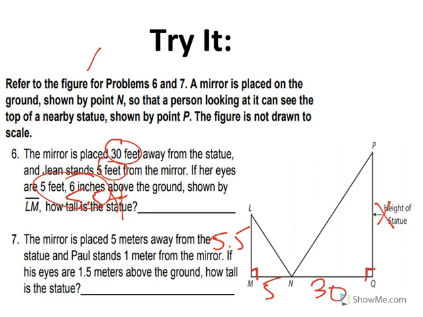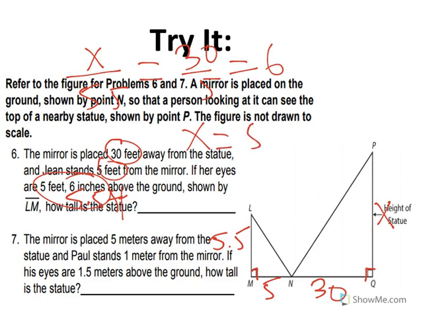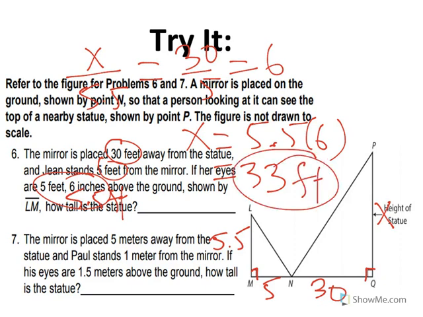So we can say X over 5.5 equal to 30 over 5, or 30 over 5 can be reduced to 6, so then X equal to 5.5 times 6. So then X is equal to 33, but this is in terms of feet.